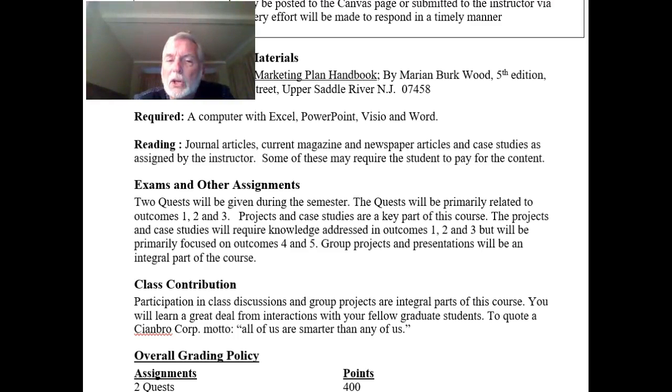So it's a combination. They're not too long, so they're not multi-hour examinations, and they are a quest for knowledge. So we've got all sorts of things going on there. Good marketing word. So the quests will primarily be related to outcomes 1, 2, and 3.